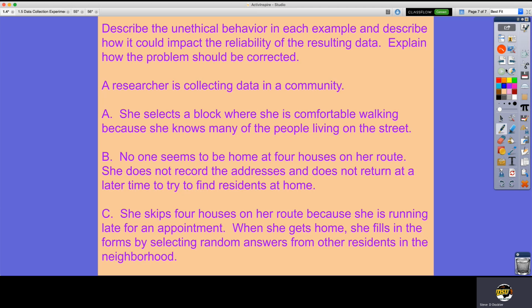The last one down there, she skips 4 houses on her route because she is running late for an appointment. When she gets home, she fills in the forms by selecting random answers from other residents in the neighborhood. Is there an issue with that one? Yeah, what's the issue?